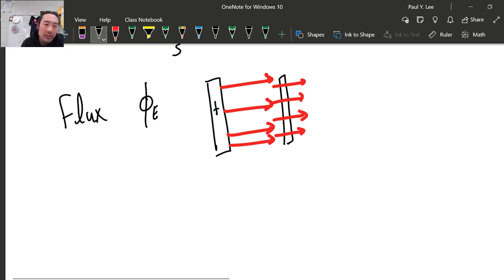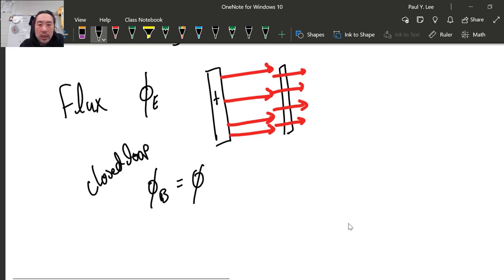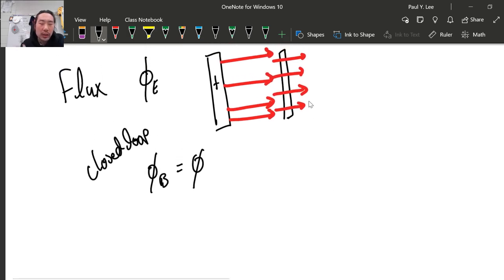But the idea of this closed loop, for a magnetic flux, our magnetic flux must always be zero. So here the electric field is only going in one direction, so it can never loop around and come back.